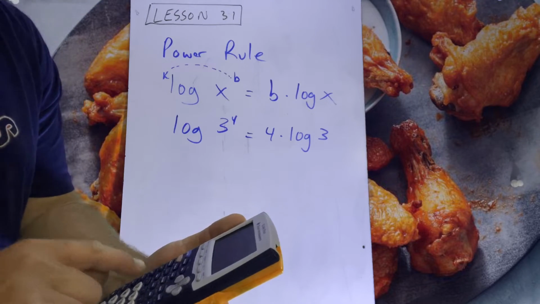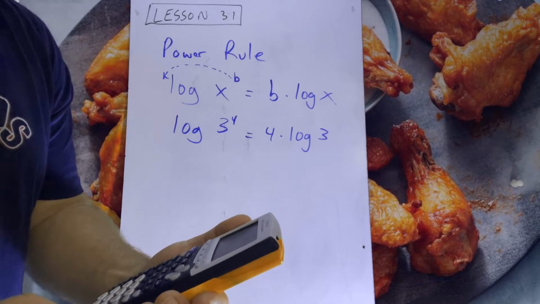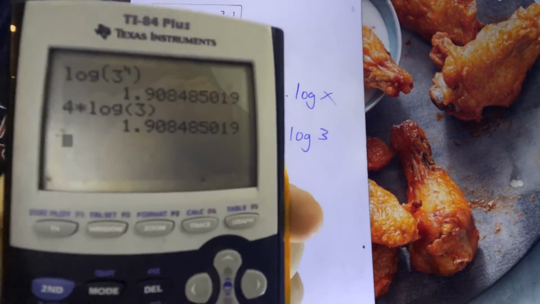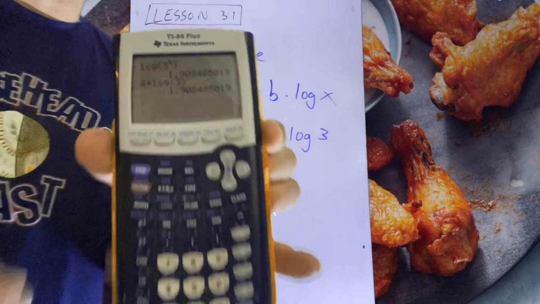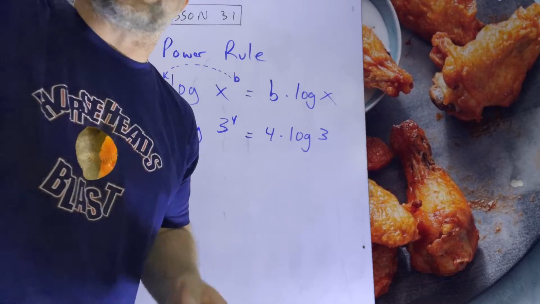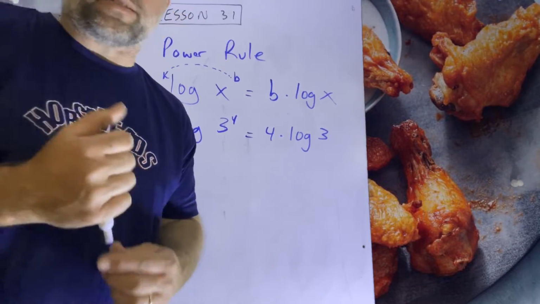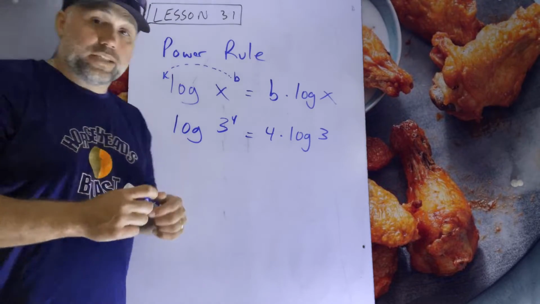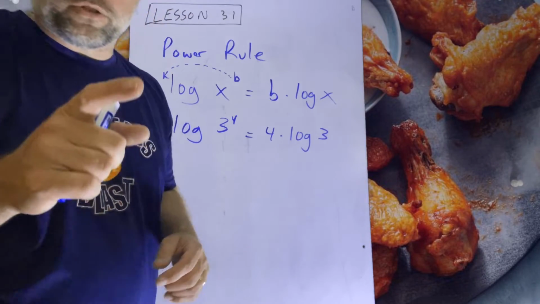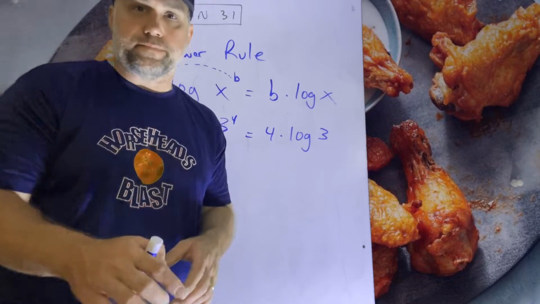So 4 times the log of 3, you can see I'm getting the same result. So that's just verifying that the power rule works. All right, it is a valid rule that applies to logarithms, and we use it a lot, and I'm going to show you where we use it right now.